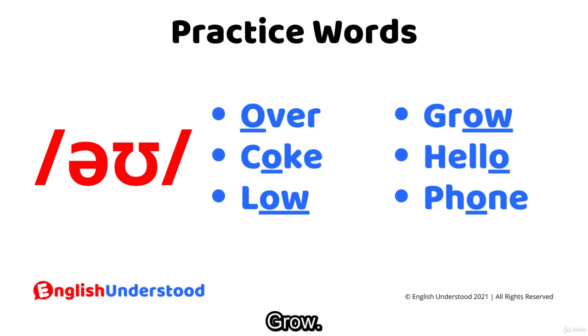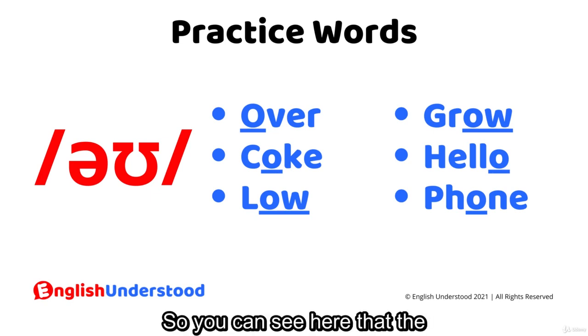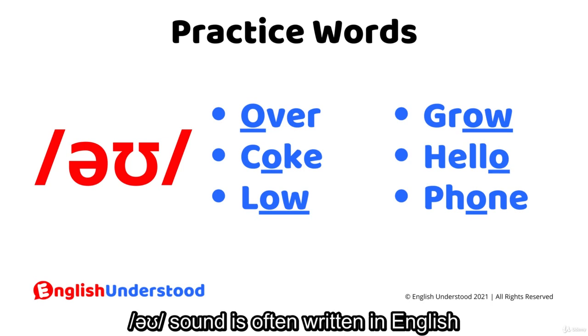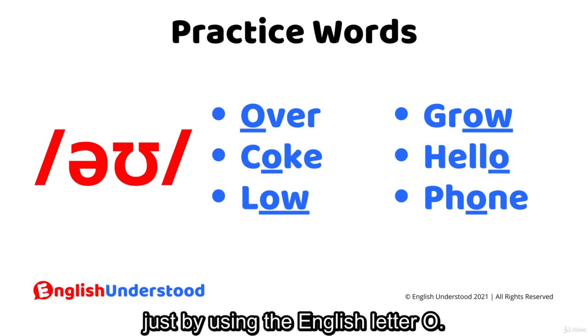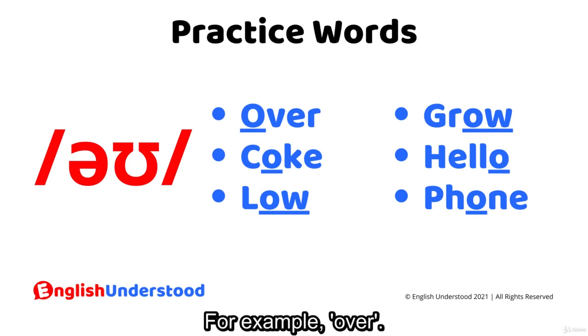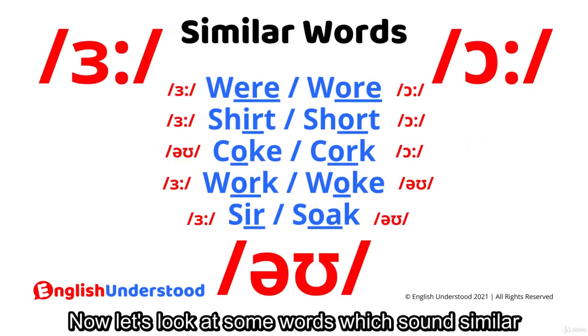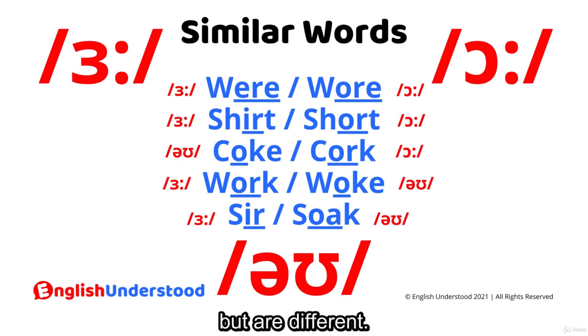Grow, grow. Hello, hello. Phone, phone. So you can see here that the O sound is often written in English just by using the English letter O. For example, over.